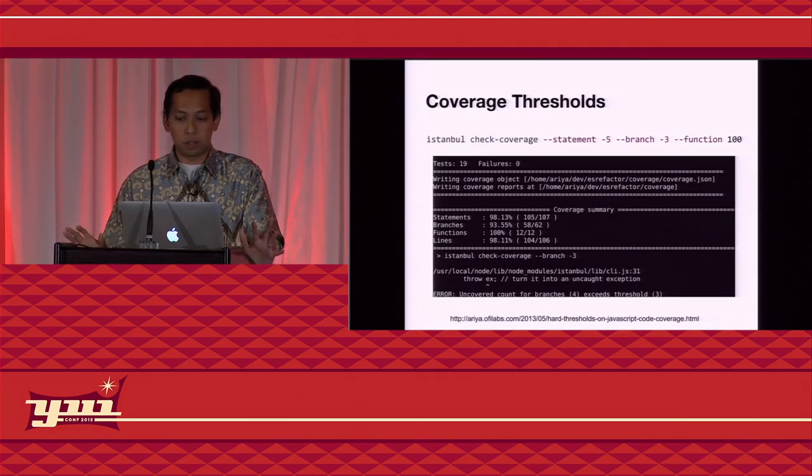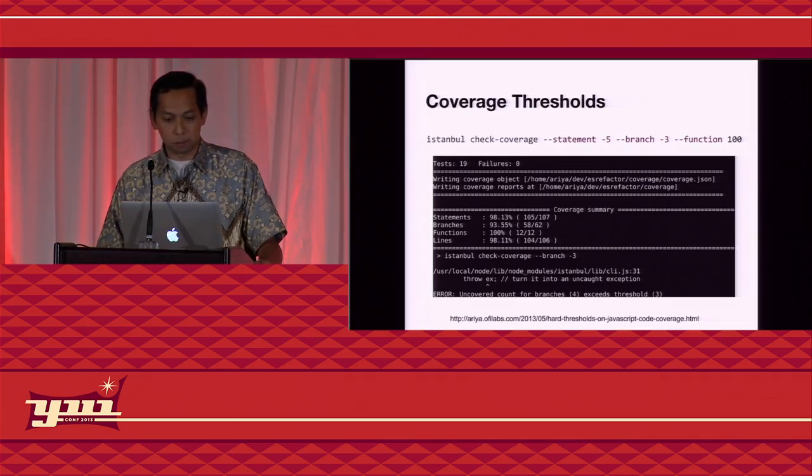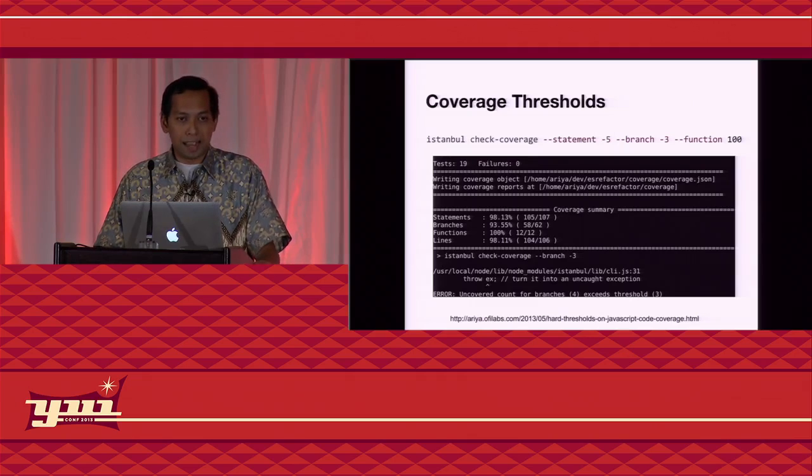It should touch all the functions. Your tests cannot leave one function uncovered. Now, if somehow I manage to introduce a branch that is not covered, that's how Istanbul is going to complain. It says uncovered count for branches 4 exceeds the threshold 3. This allows you to catch unintentional mistakes because someone creates a function or modifies the code, and some part of the code is not being covered.